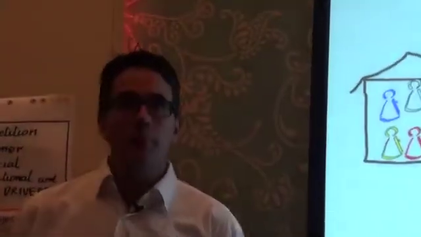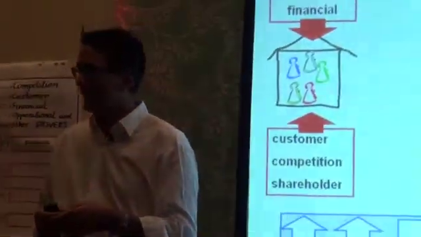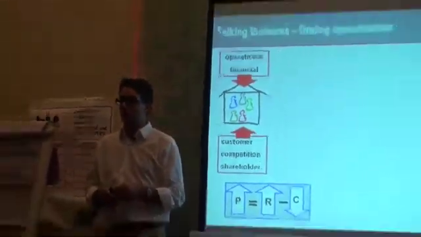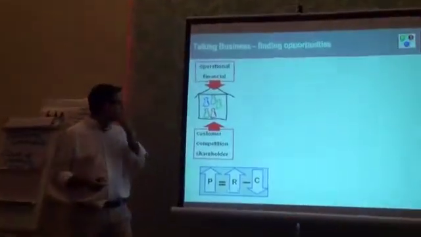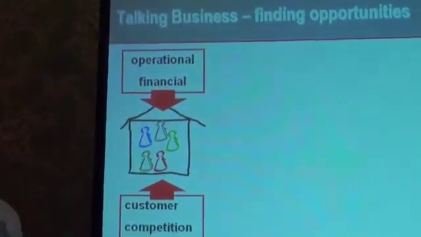Okay, so what I would like to do is I'd like to get a couple of examples from the tables. Now, at the moment, there is a financial crisis which is really pressing everybody. All markets are being pushed from one direction or another. Usually companies will be driven by operational concerns, by financial concerns.